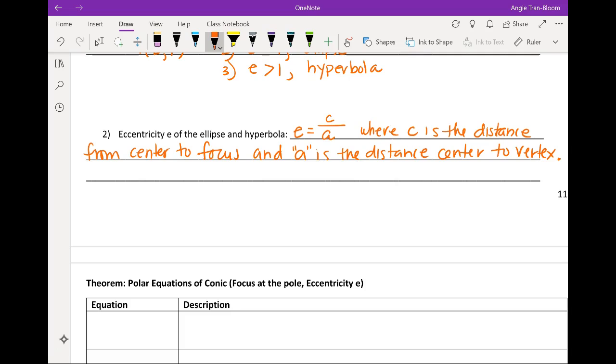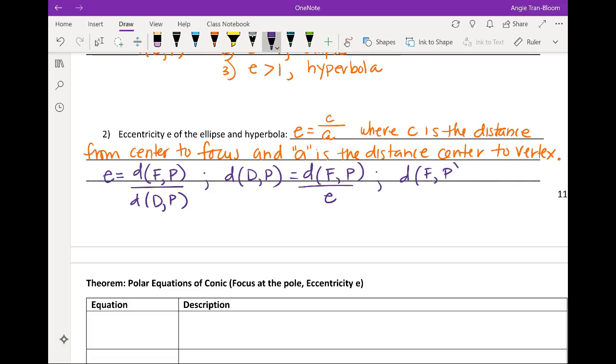Now, just in case later we ask you to find different distances. You were given earlier in vocab 1, E equals the distance from focus to the point divided by the distance from directrix to a point. Is it possible for us to manipulate this algebraically and find the distance from the directrix to a point? Yes. What would that equal? The distance from the focus to the point divided by E. How about if we manipulate it again and want to find the distance from the focus to the point?